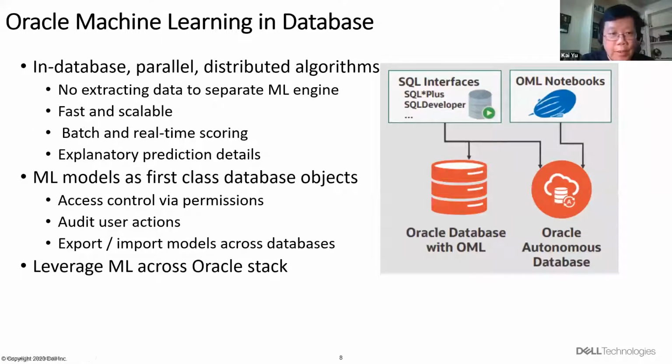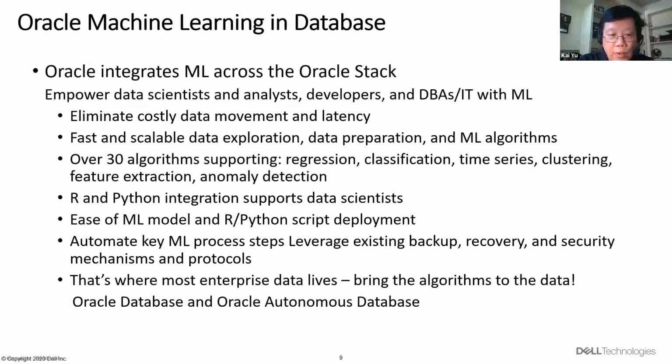Oracle actually includes almost all the major machine learning algorithms inside the Oracle database, including the most common ones: regression, classification, time series, all the most common ones are already in there. And Oracle is in the process of including R or Python support that can directly talk to the machine learning procedures inside the Oracle database. That's Oracle's direction.